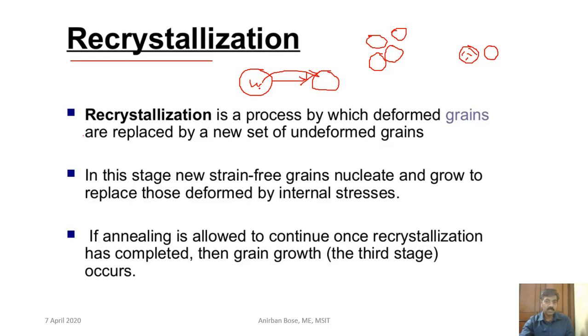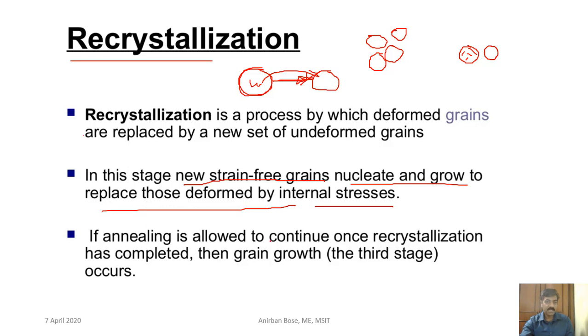So the recrystallization process is what? Grains with dislocations are transformed into dislocation-free grains. The process is exactly similar to how a general transformation occurs, through nucleation and growth. So in this stage, new strain-free grains nucleate and grow to replace the grains deformed by internal stresses.